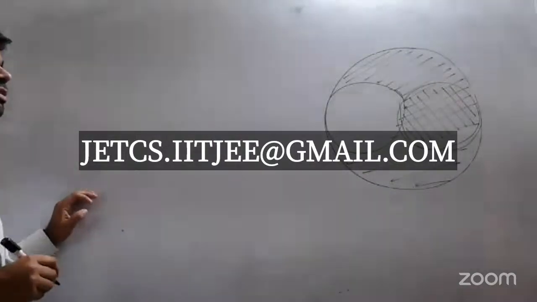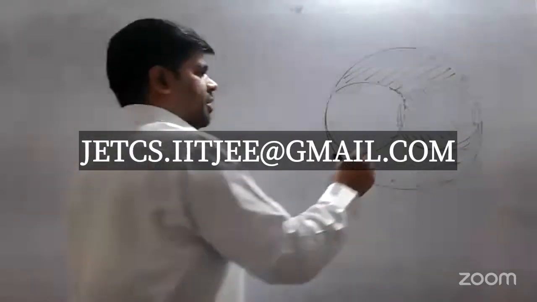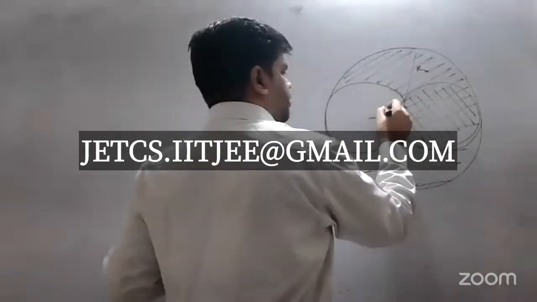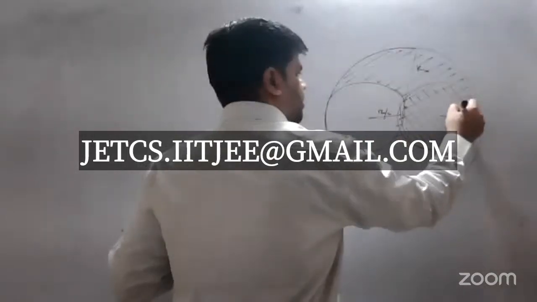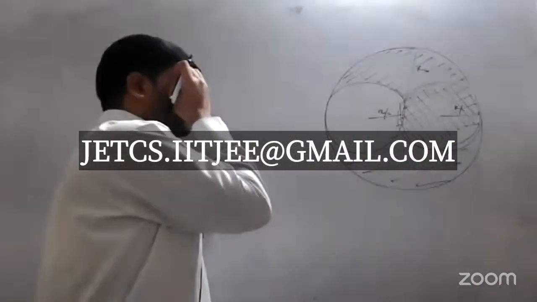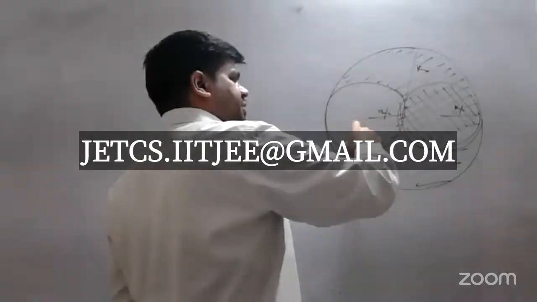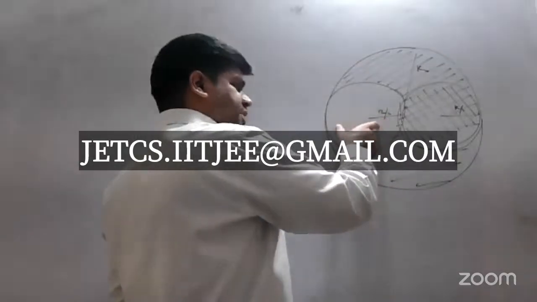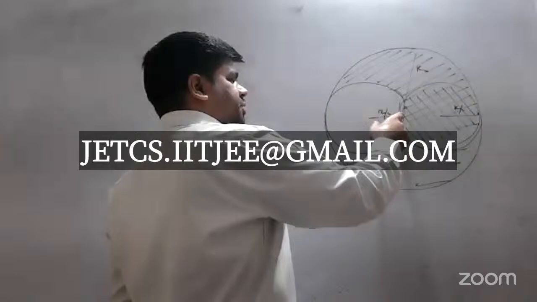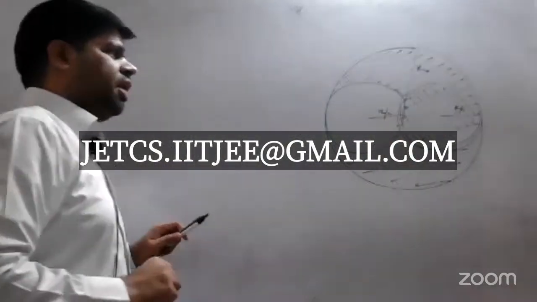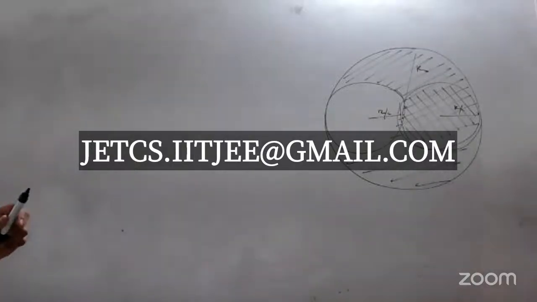So I've got a disk of radius capital R. I cut a disk of radius R by 2, with the radius as diameter, passing through the center and the periphery. I've cut this and placed it on this right side. I have to find the center of mass of this system, of this planar body.